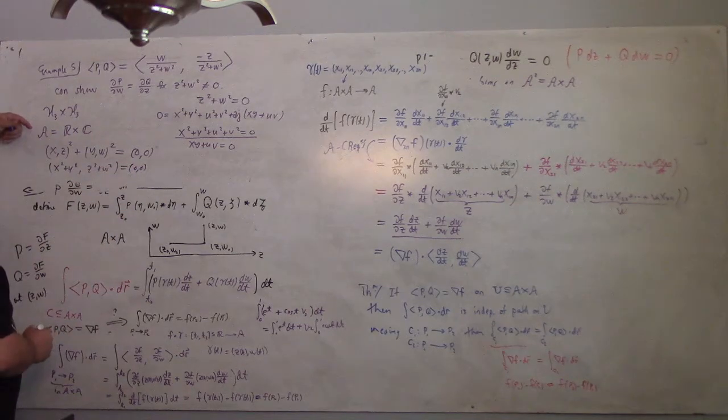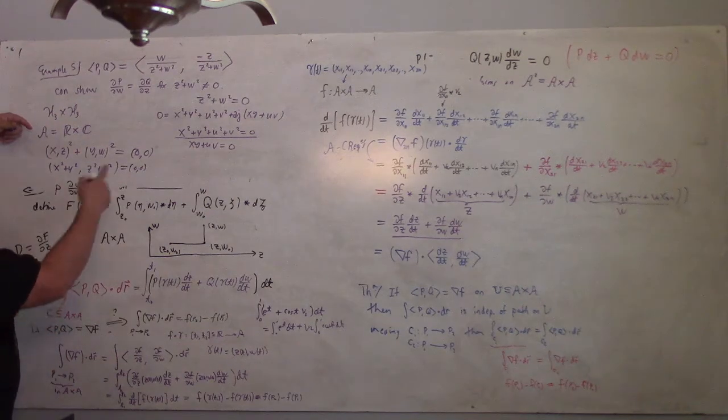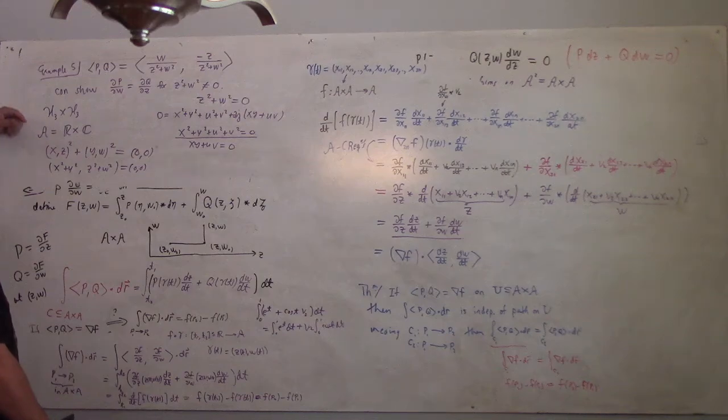Oh man, that's not the kind of C I'm looking for. I still get x squared plus y squared equals 0, z squared plus w squared equals 0. I still just get 0. It's just eliminating everything but 0.